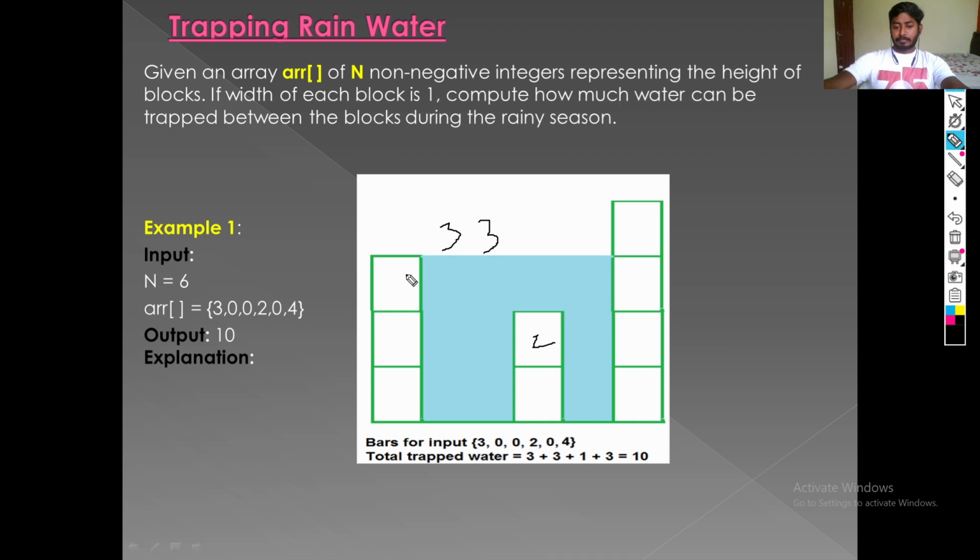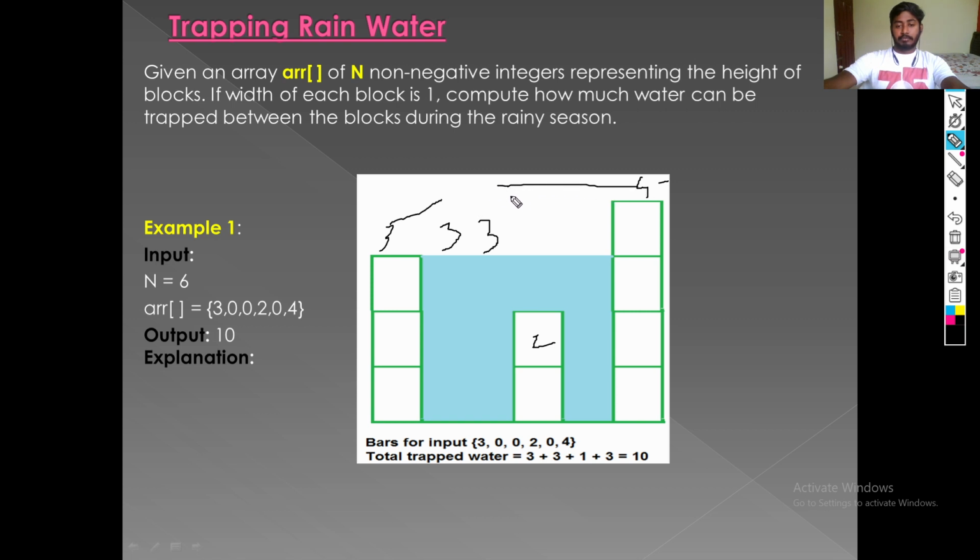The left maximum of the block is 3 and the right maximum of the block is 4. We just have to consider the maximum up to the right side and the maximum up to the left side. The left side is 3 and the right side is 4. If we consider those, we have to take the minimum of them.